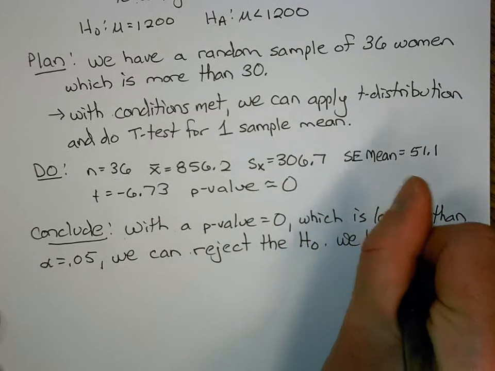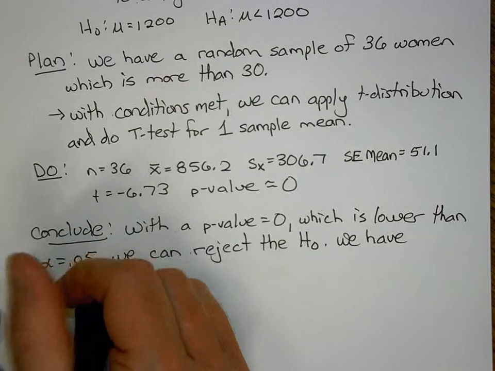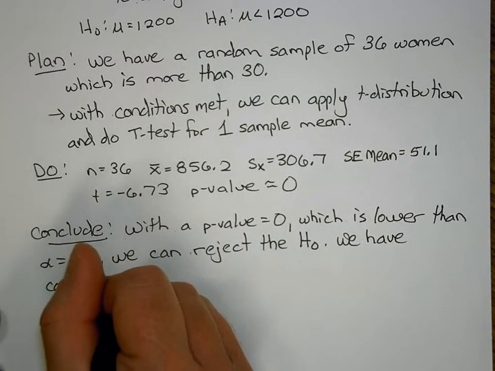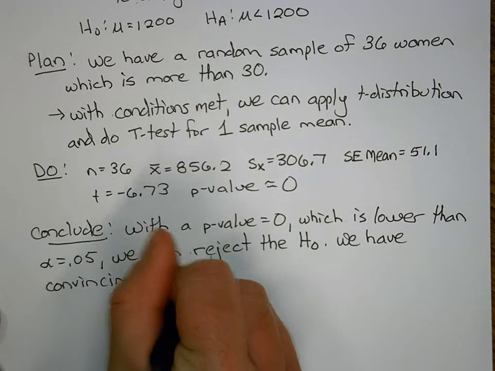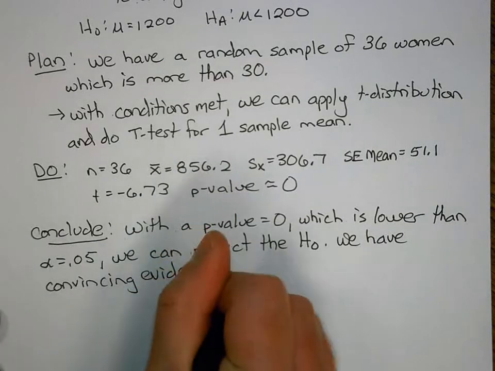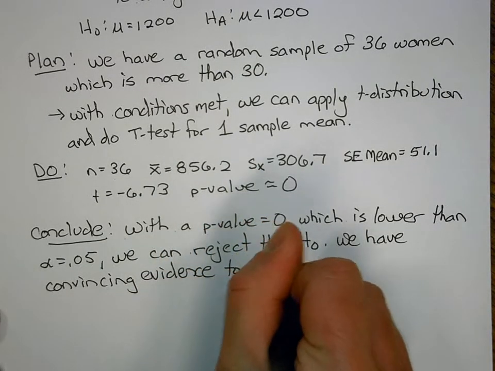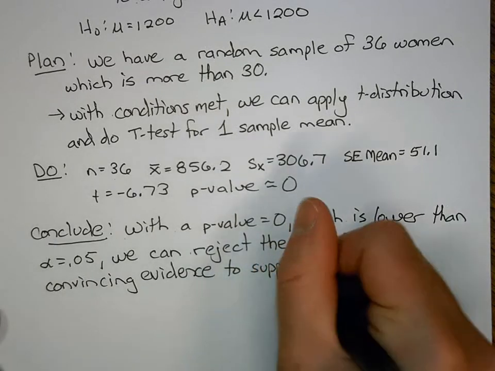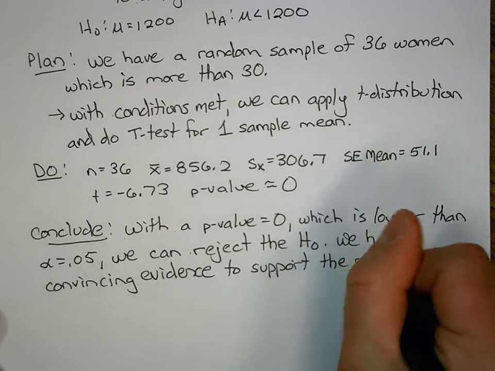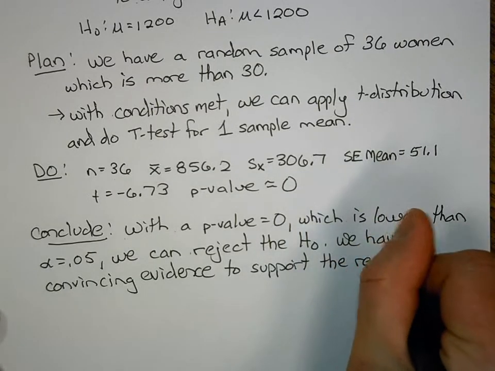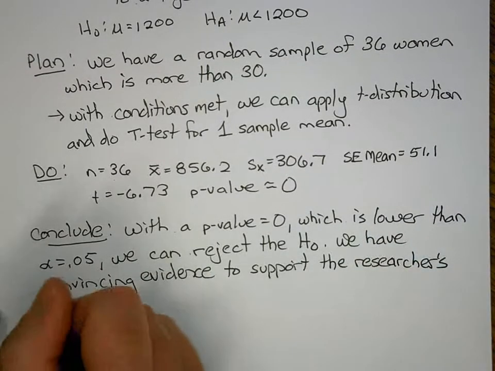We have convincing evidence. Now this is where you can cheat, look back at the actual part A and copy what it says. We have convincing evidence to support the researcher's suspicion. And that's all you need to say. You can say more about it, but sometimes less is better.